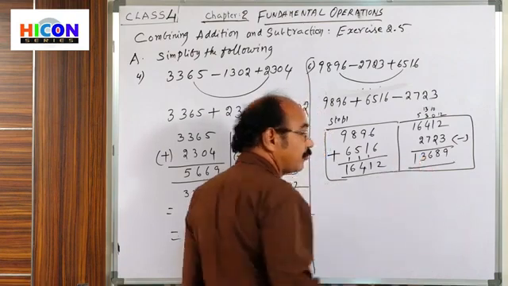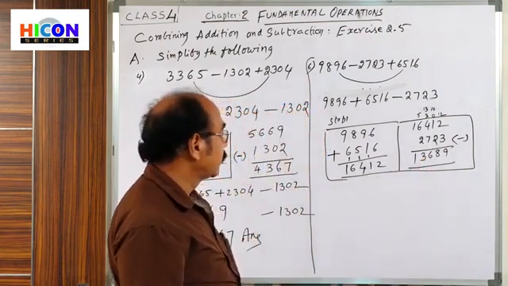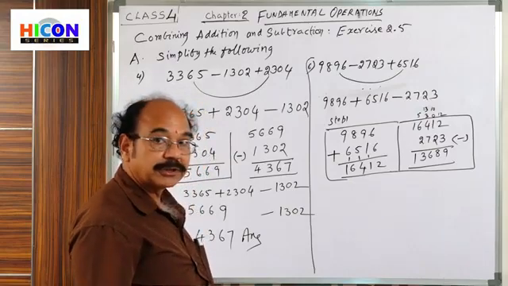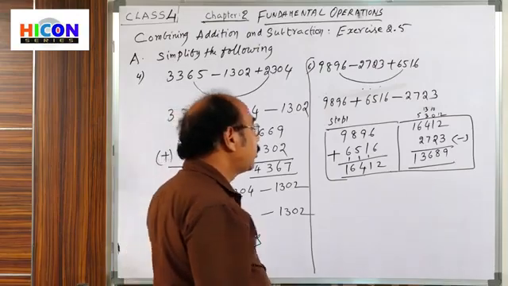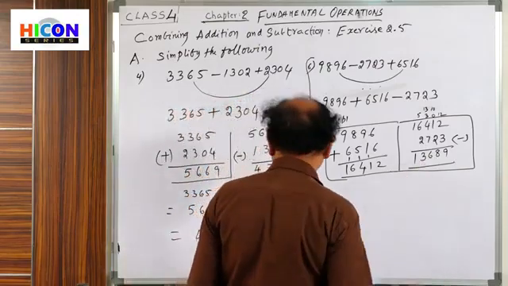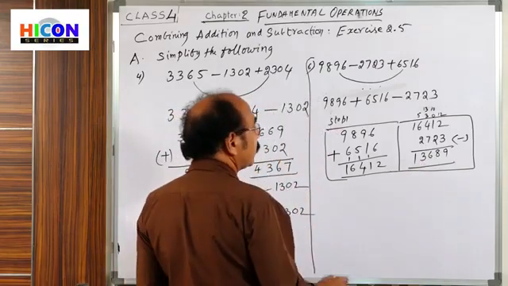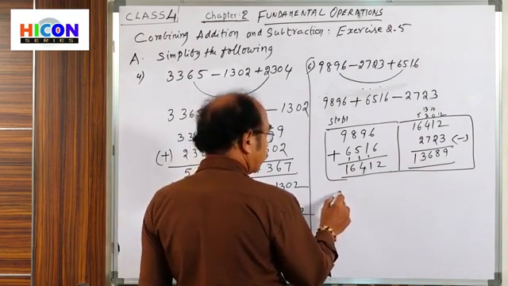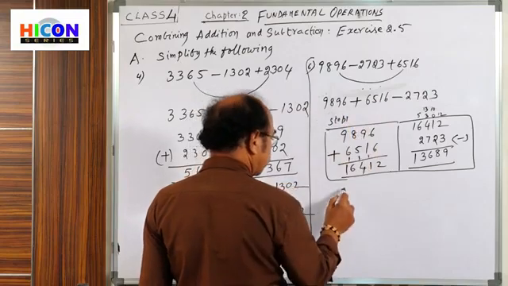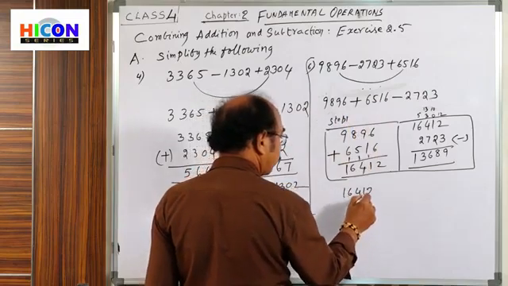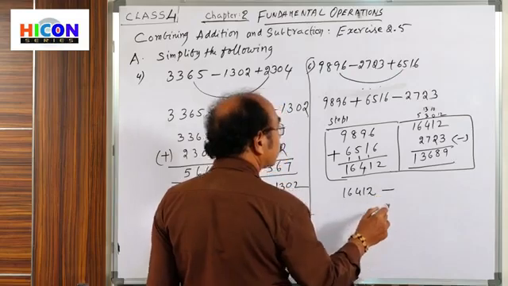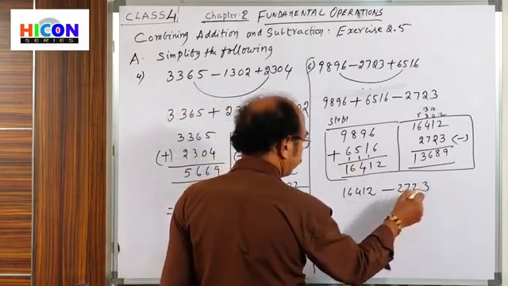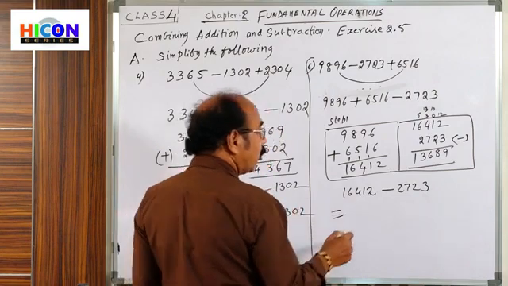And here 1. Okay, students, 13689. We can take this as the result of this problem. So the sum of the two numbers is 16412, minus that number 2723. Okay, how much did we get here?